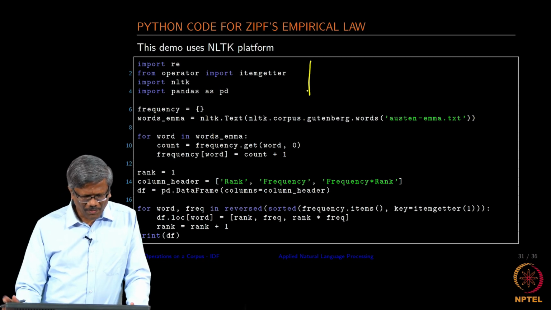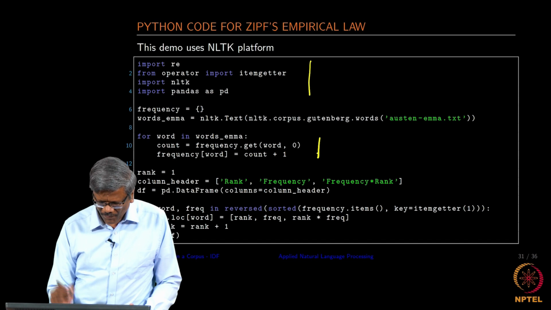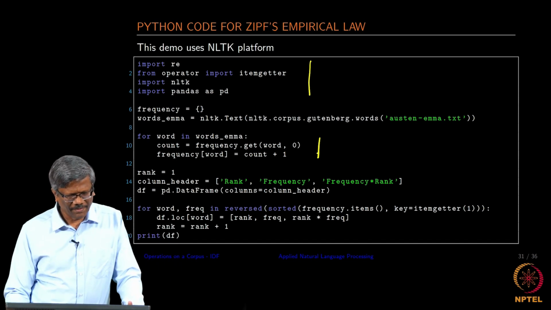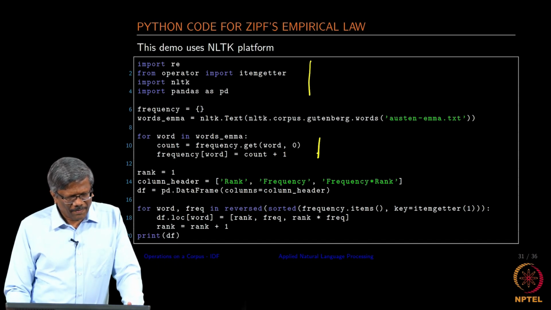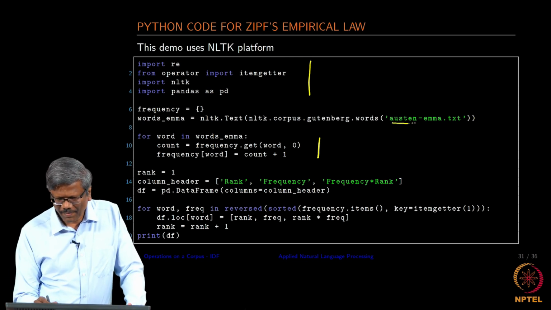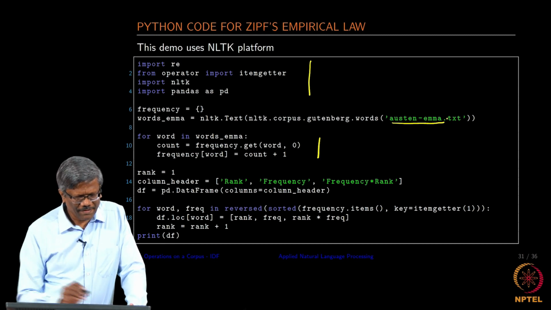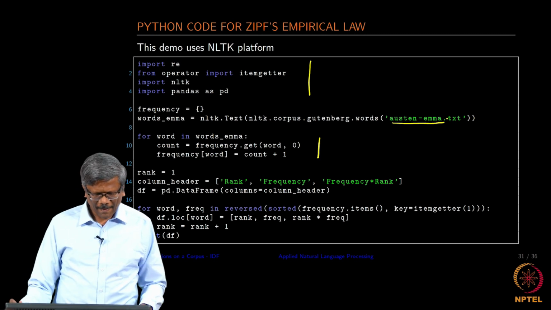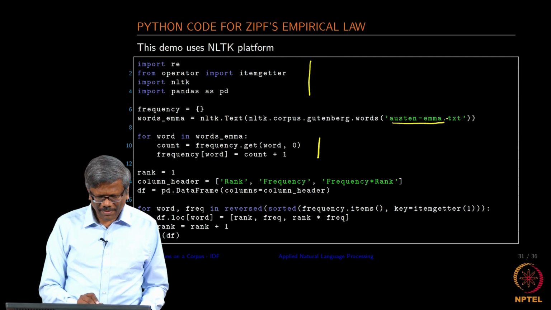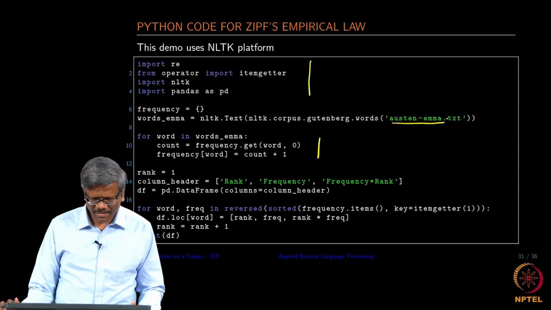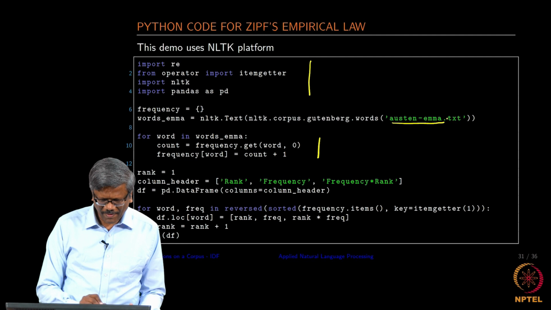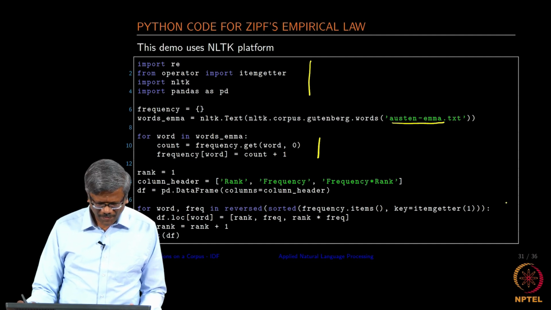So, I am going to take only the very important parts that we have here. Okay. After collecting all the terms from the corpus, we are going to find the frequency for every word. Okay. The frequency for every word is counted using this, and then the ranks are found using the second one, right.